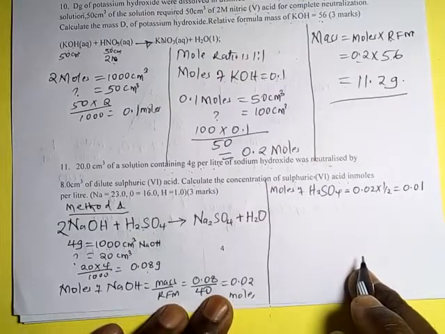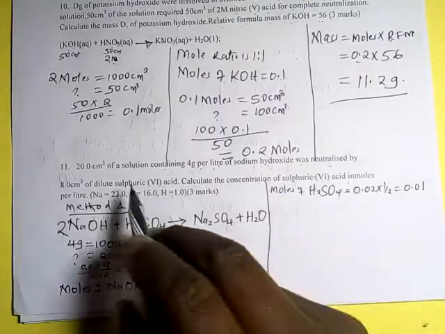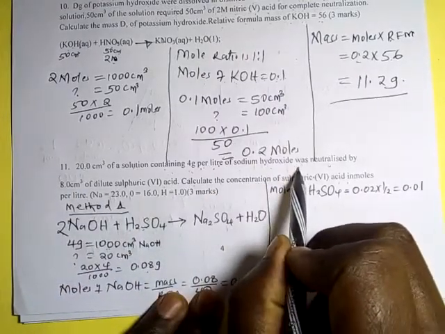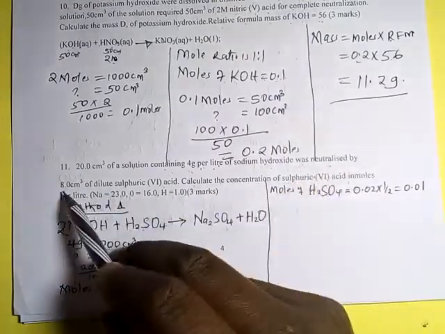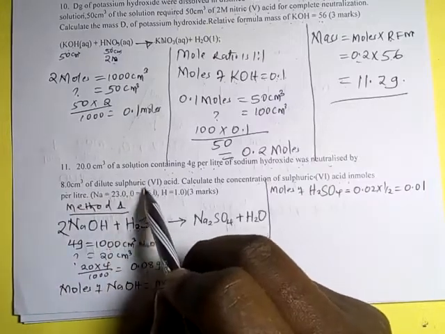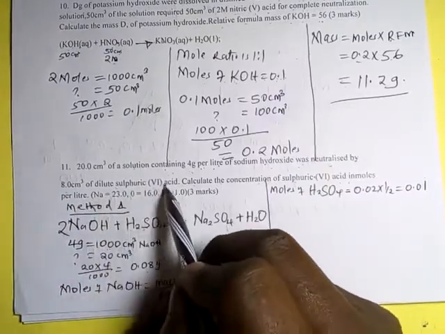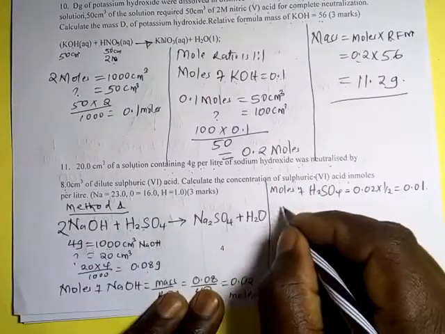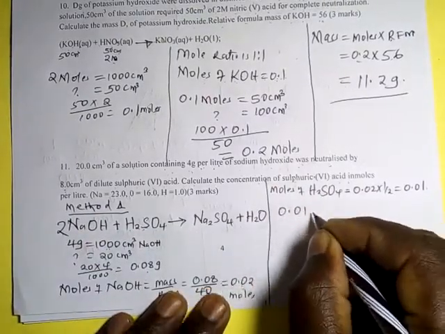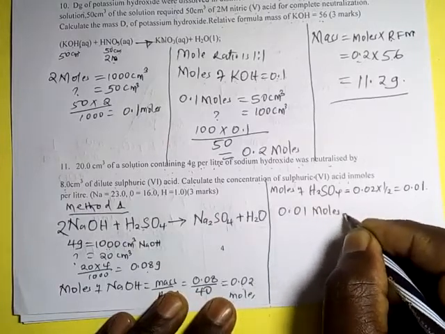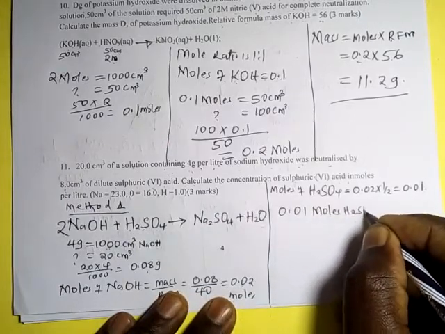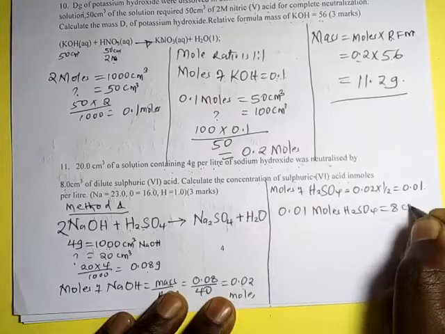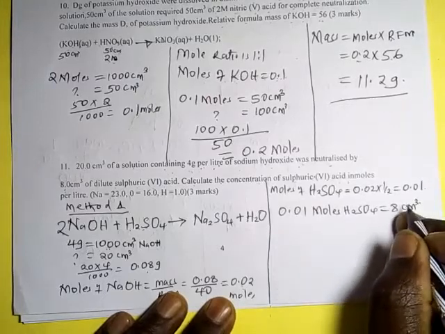Now we have the number of moles of sulfuric acid, and we know the volume of sulfuric acid that was used to neutralize was 8 centimeters cube. So 0.01 moles of sulfuric acid are contained in 8 centimeters cube of volume.